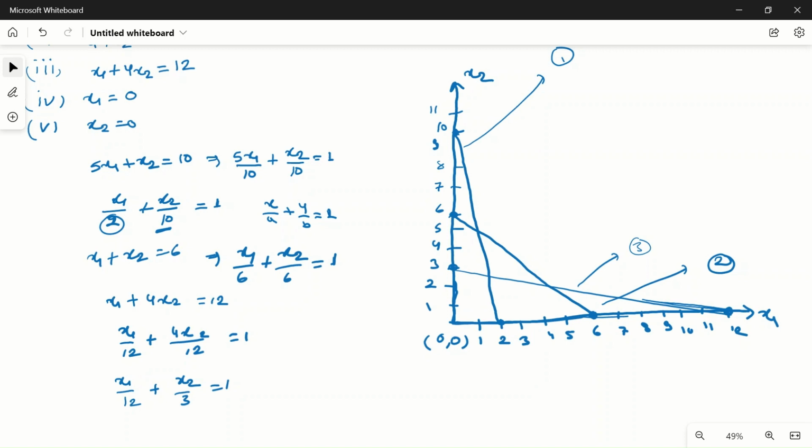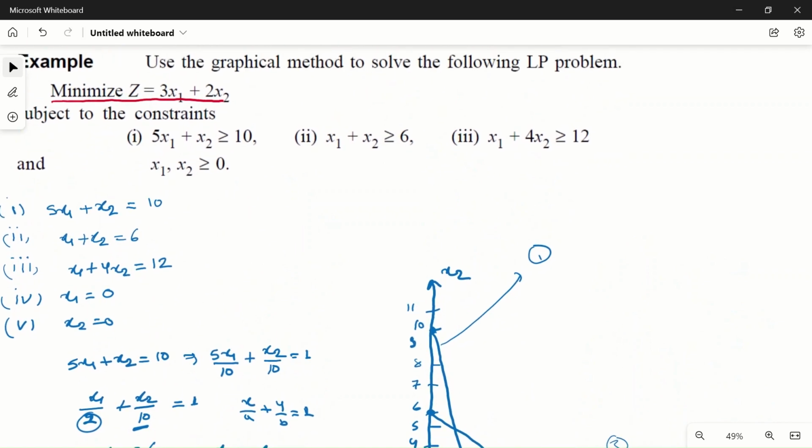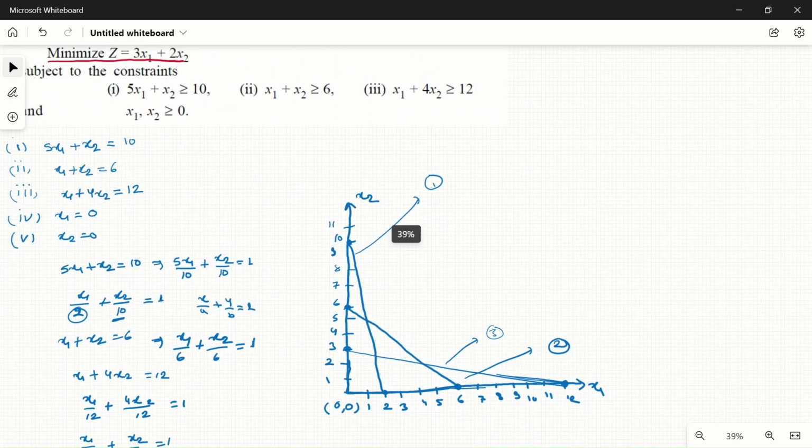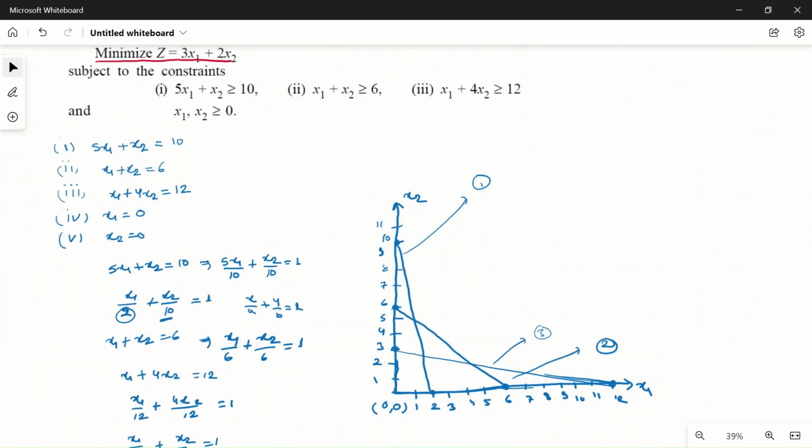Now we will see the inequalities. For drawing the lines, we made the inequalities into equalities, but now we will see the inequalities. So it is 5x1 plus x2 greater than or equal to 10. If we put values on the left side, suppose 0 0, then 5x1 is 0 and x2 is 0, so it is not greater than or equal to 10.